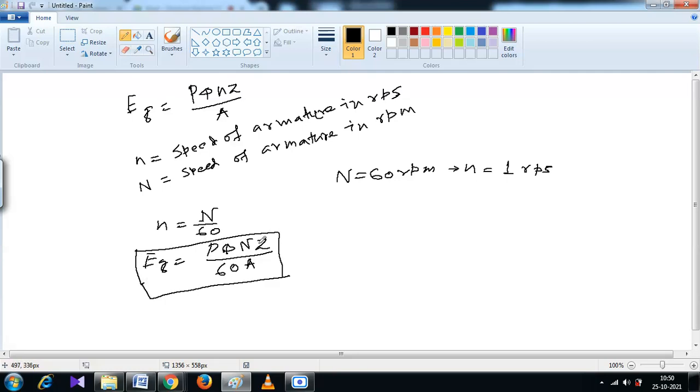What is the name of that equation? Induced EMF equation. Okay, and now tell me what is A? A is the number of parallel paths between two brushes.